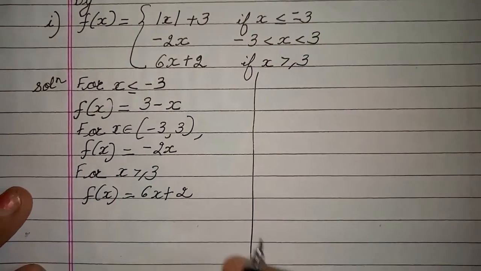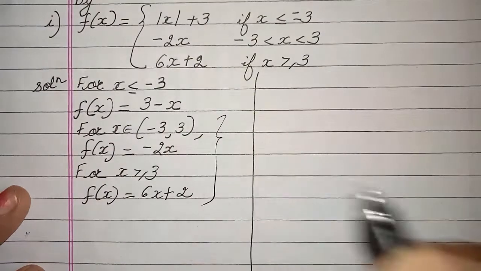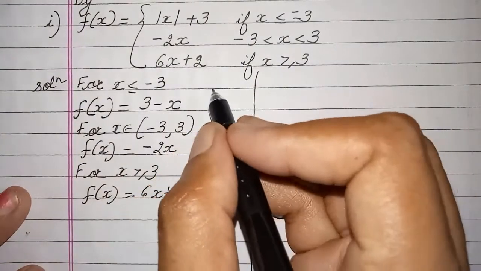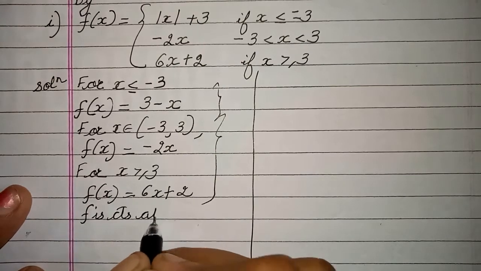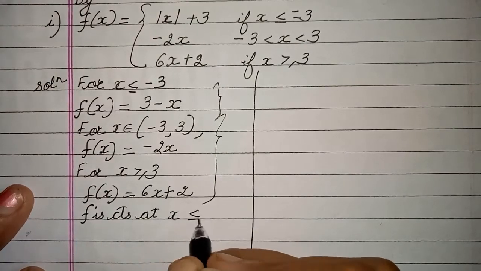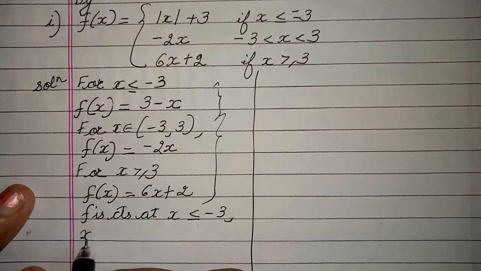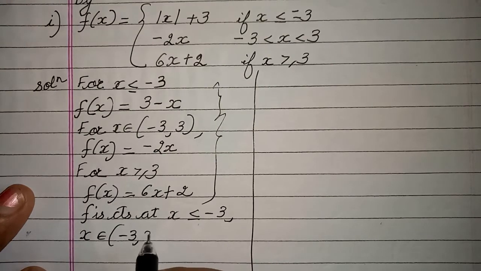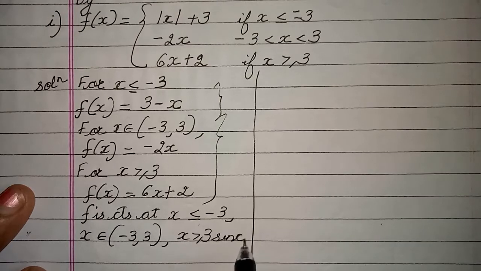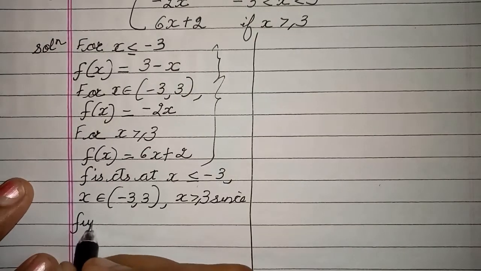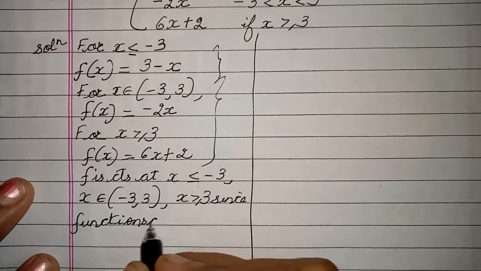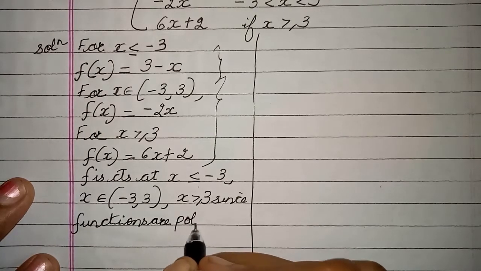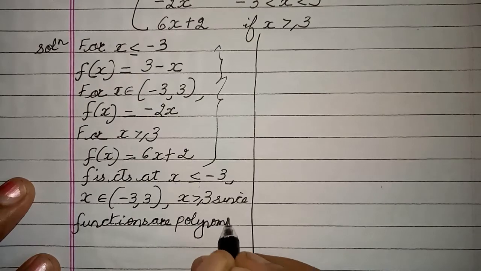So children, you can see that in these intervals your function is continuous. You can check here, the function is continuous for x less than or equal to -3, x between -3 and 3, and also for x greater than or equal to 3. Why? Because your functions are polynomials at these places, right? So that problem is solved.